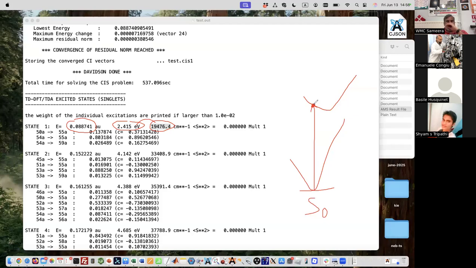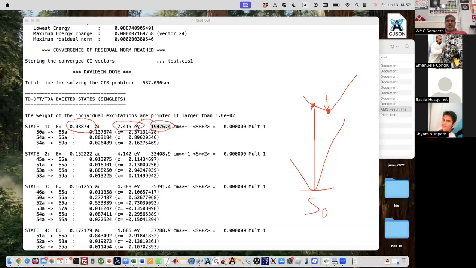Now, if you minimize the first excited state, you can find the excited state optimized structure here, and then you know the energy of the optimized structure.